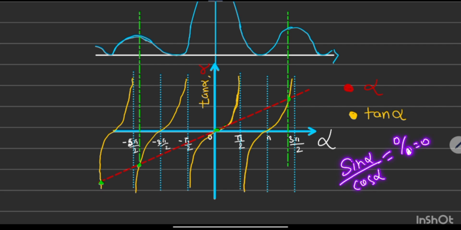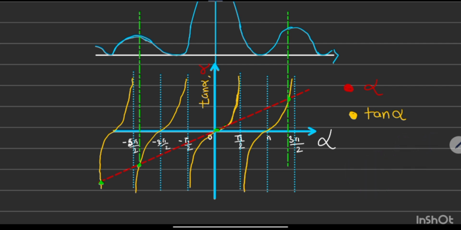So whenever alpha is equal to 0 or 2 pi, we get tan alpha equal to 0. Whenever alpha is equal to pi by 2, sine pi by 2 is 1 and cos pi by 2 is 0, and this will go to infinity, and that is depicted here.